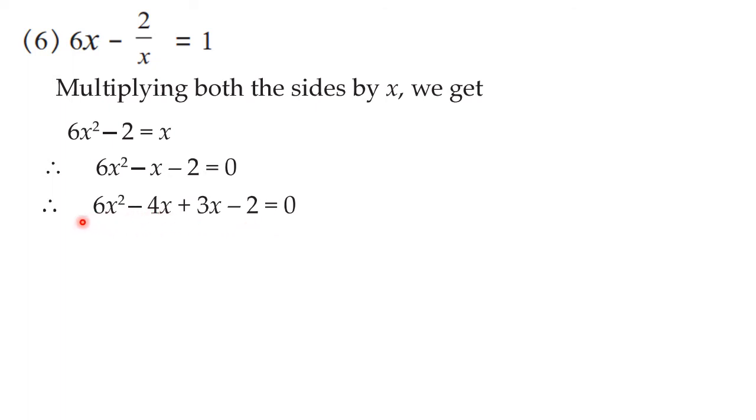From these two terms, what you can observe is that variable x is common. At the same time, 4 and 6 are in the table of 2, so the number 2 also we can take out common. So from these two terms, we can take out 2x as common. And here you will observe nothing is common.